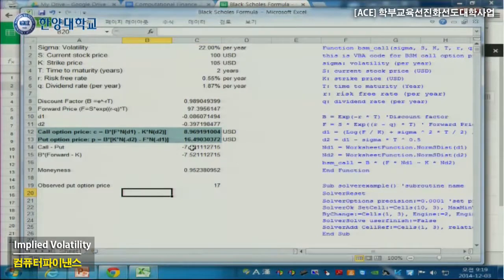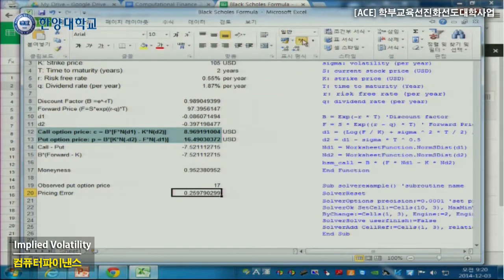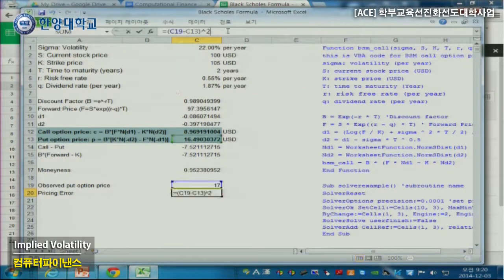So we have this pricing error. I squared it, so let's make it percent. So pricing error, and then yes, something like this.